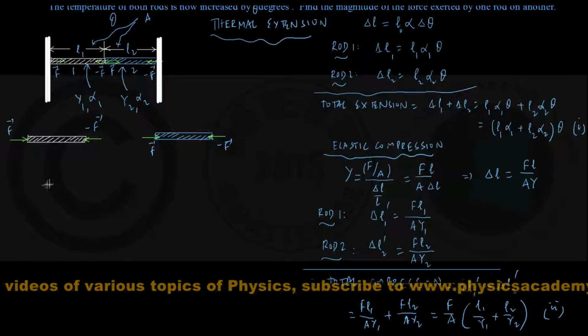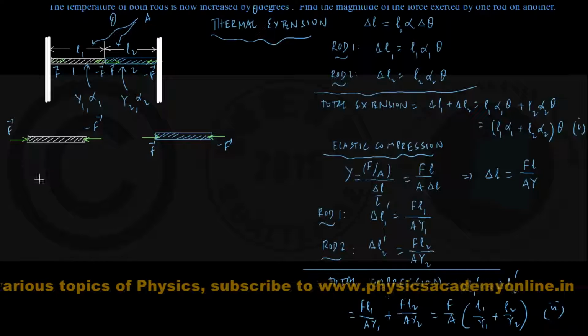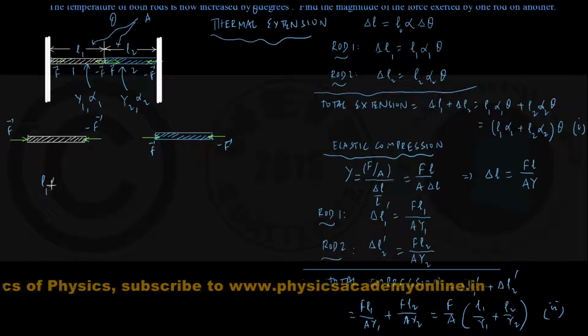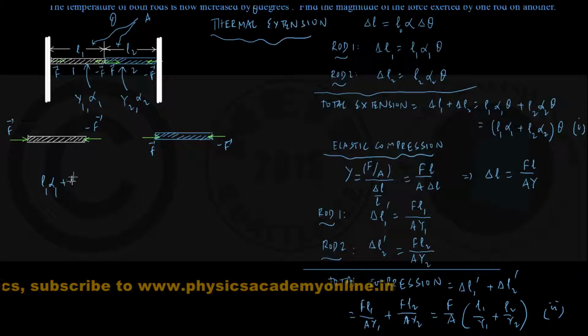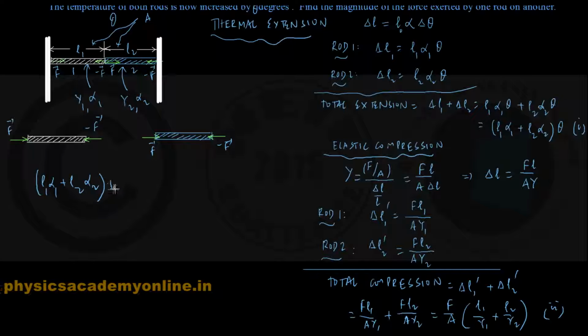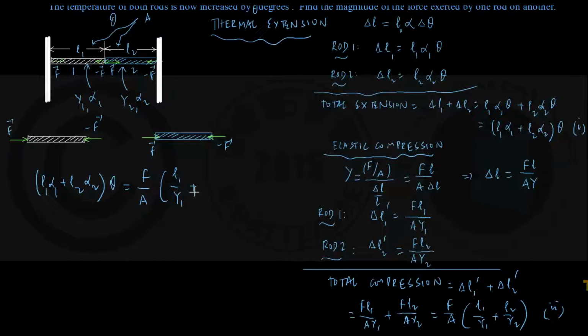So we just equate these two expressions 1 and 2 and could write down the extension is equal to compression in magnitude, that is L1 into alpha 1 plus L2 into alpha 2 into theta must be equal to capital F by A into inside bracket L1 by Y1 plus L2 by Y2.